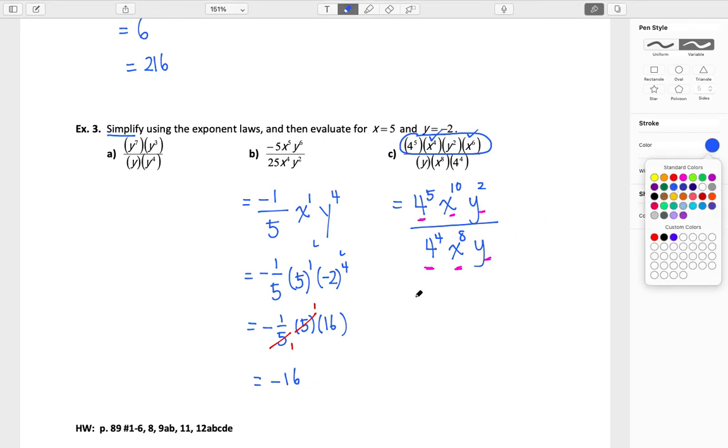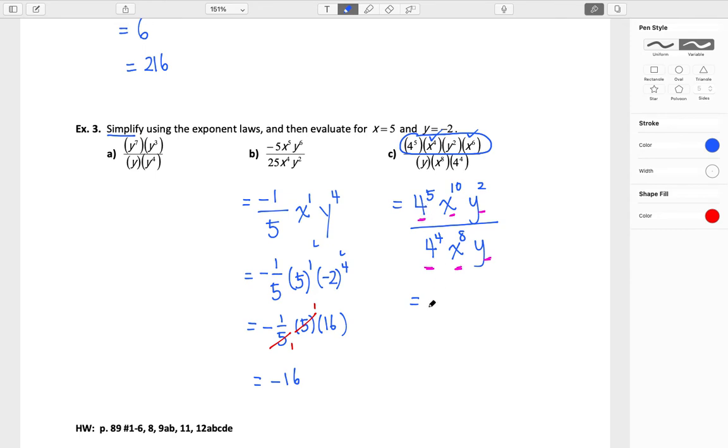So let's see. The base for the 4 stays the same. Because we're dividing, we subtract the exponent. 5 minus 4 is 1. The base stays the same, x. 10 minus 8 is 2. And y, there's an invisible 1 here.